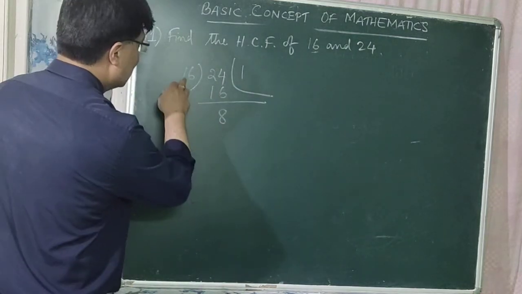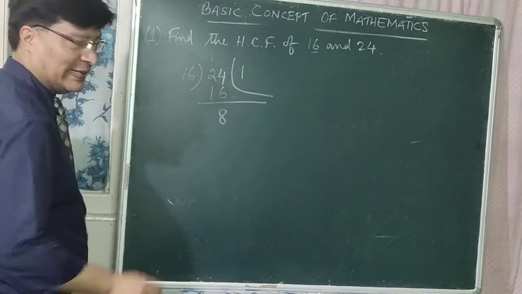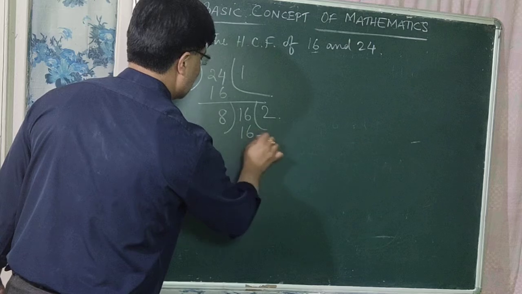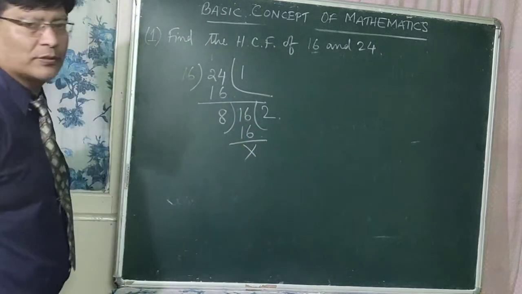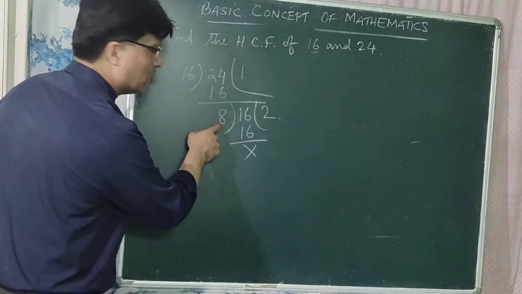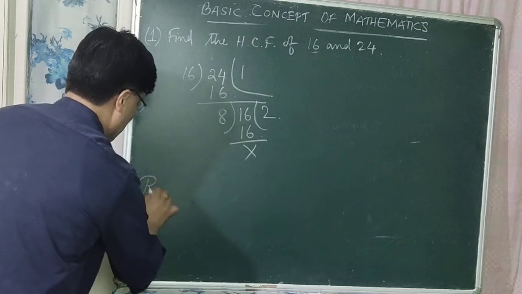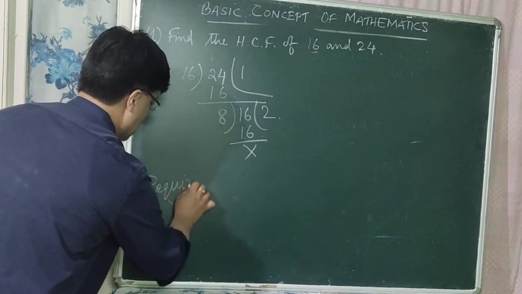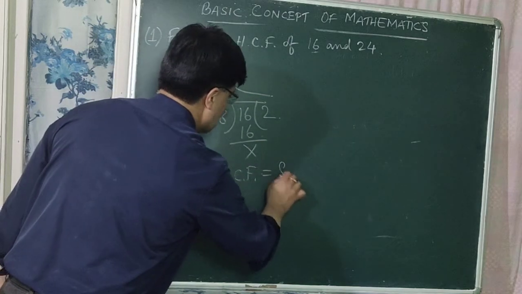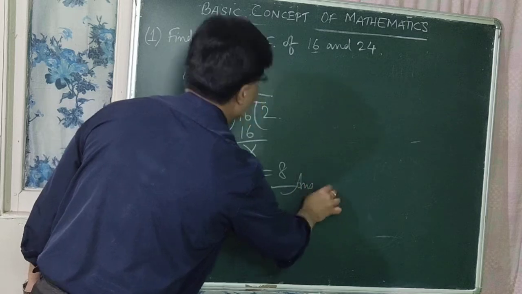Now again this divisor should be divided by 8. So 8 twos are 16, cross. So which is the highest common factor of 16 and 24? That is 8. Required HCF is equal to 8.